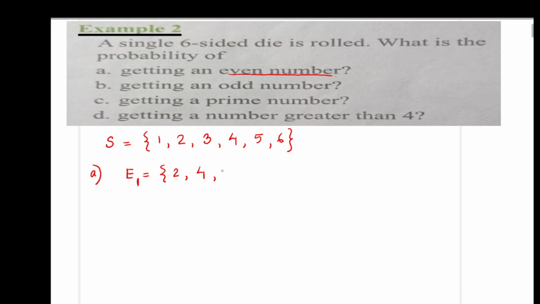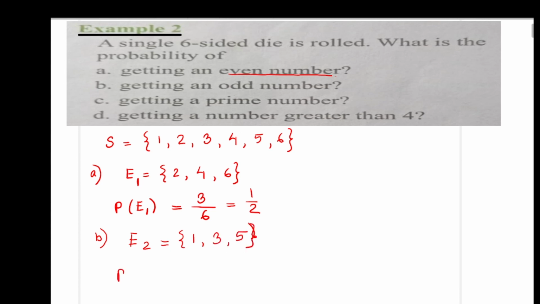I have given it here as E1. So probability of E1 is 3 by 6. Total outcomes 6 and favorable outcomes 3. So it will be half. Next, B, getting an odd number. Just now we have done it. Suppose E2 is the odd, so 1, 3, 5. So the probability of getting an odd number is also 1 by 2.